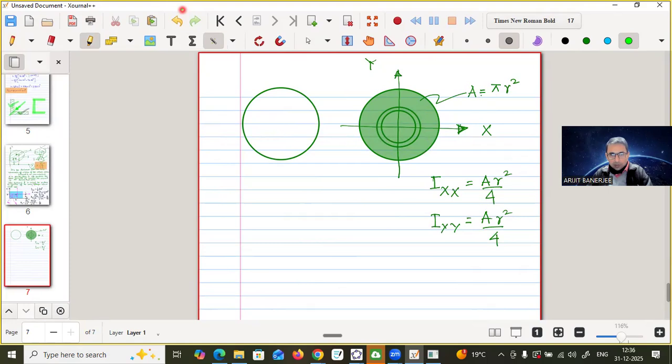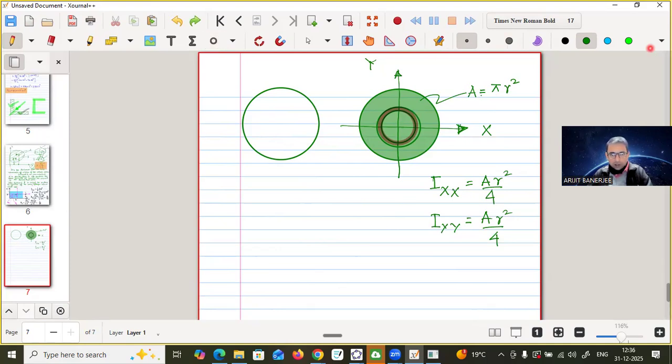Say for example, this is the strip, and what is the area of this strip?